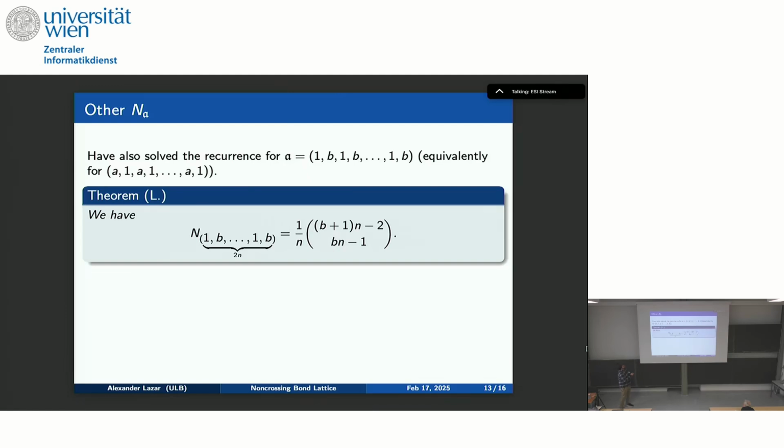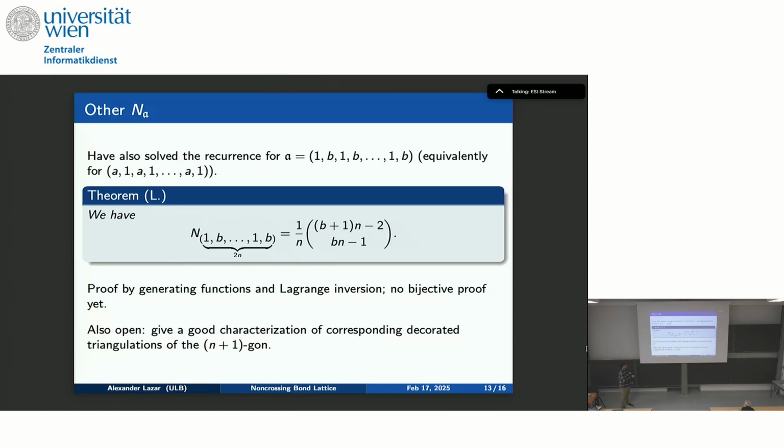So what I did want to say is that you can solve some more special cases. If you let just one of the factors be 1, so 1b, 1b, 1b, or a1, a1, a1, you get this nice kind of deformation of these Catalan numbers.